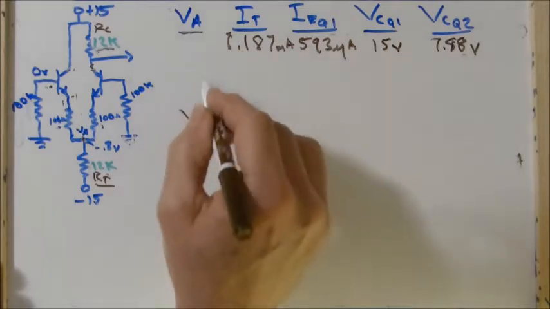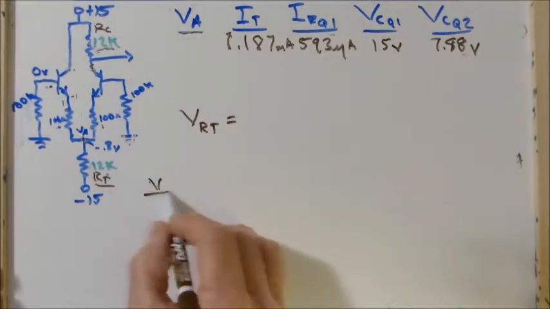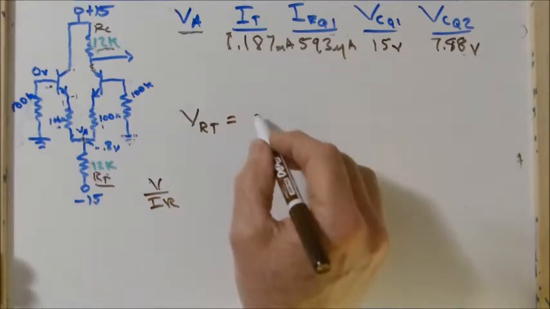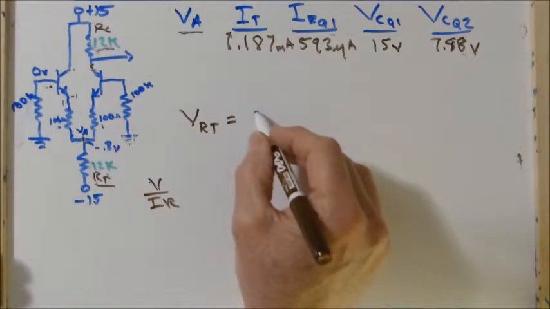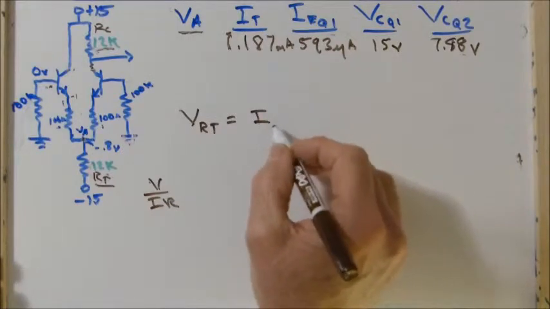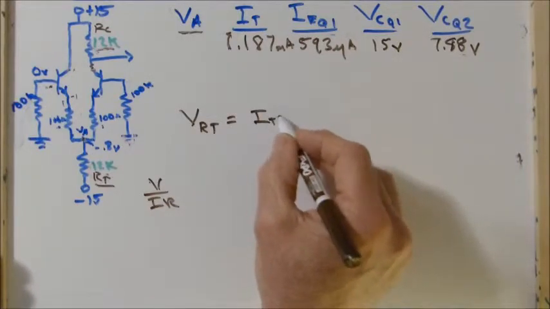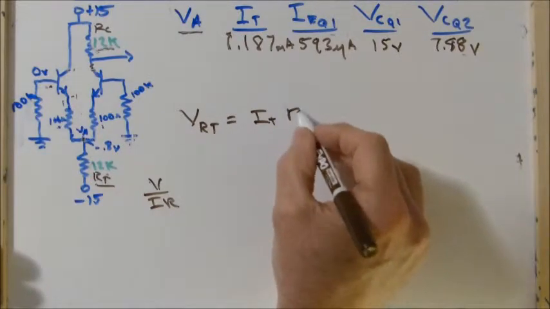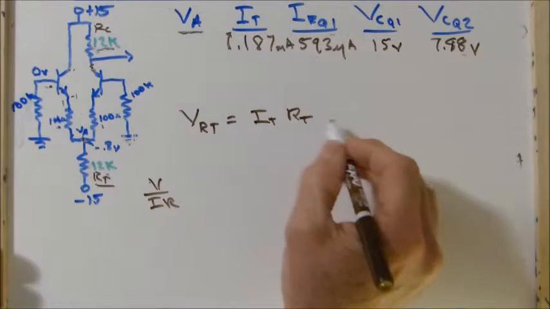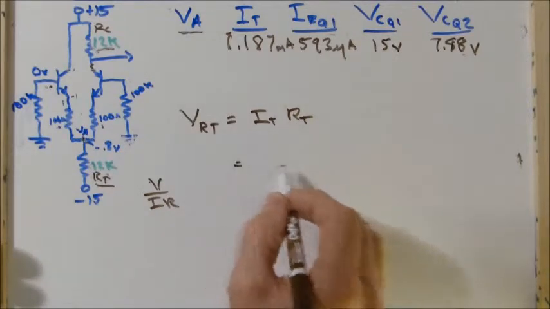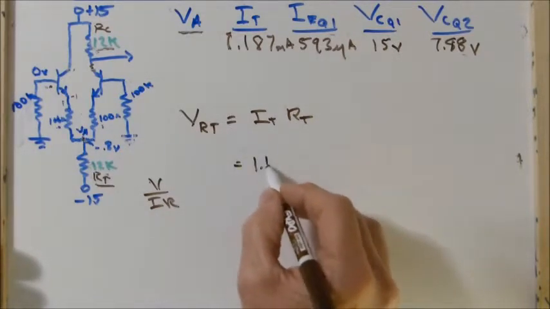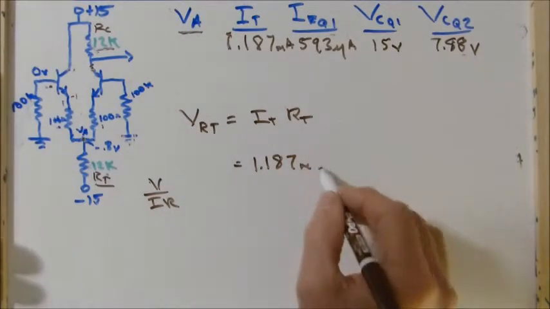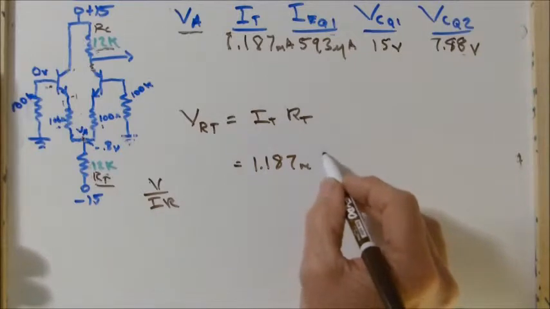Let's find the voltage of RT. And of course, Ohm's law, V equals I times R. We know what the total current is. So IT times RT is going to come out to 1.187 milli times the 12K.